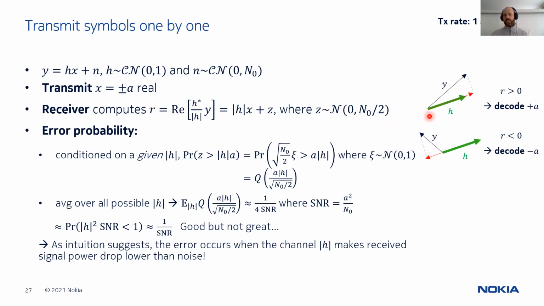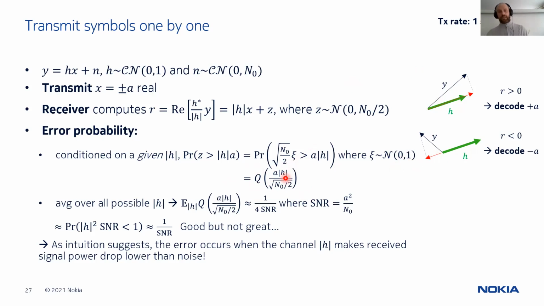So basically, it's the probability that the noise is greater than A times the magnitude of h, right? Let's say that A is 1. And then we can use the Q function, which is basically the probability that a standard Gaussian variable is greater than something, to have, let's say, a neat expression.